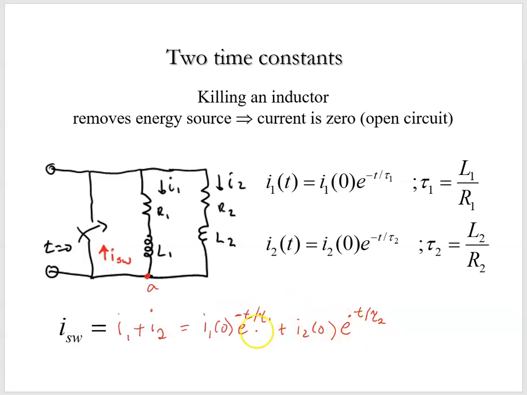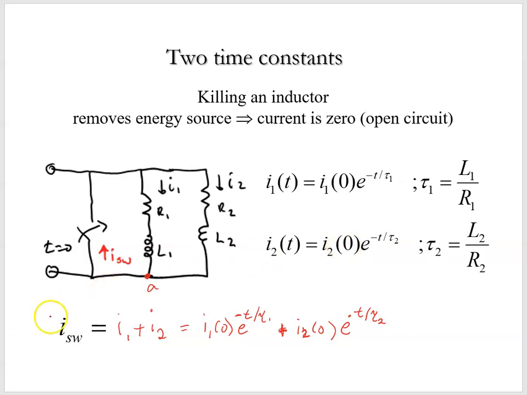And now these have different time constants, so these exponentials are raised to different exponents. So we would basically have the sum of two exponentially damped equations here.